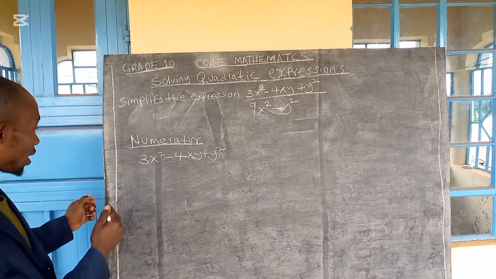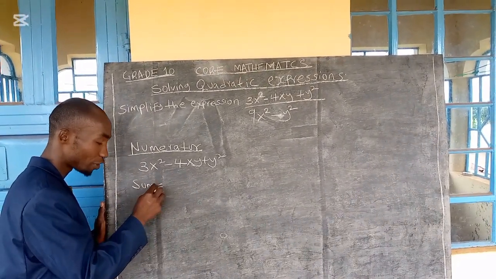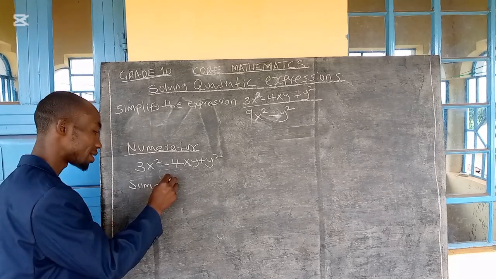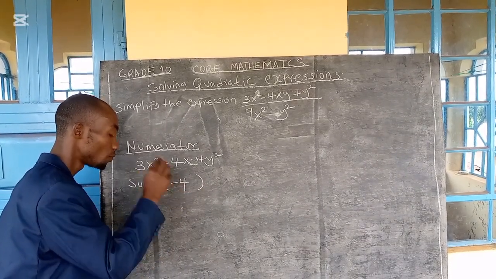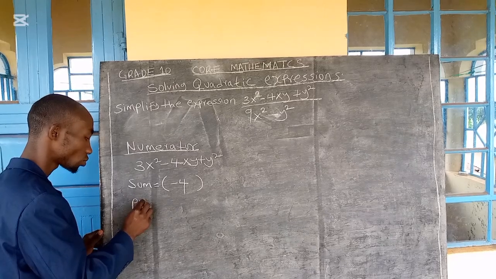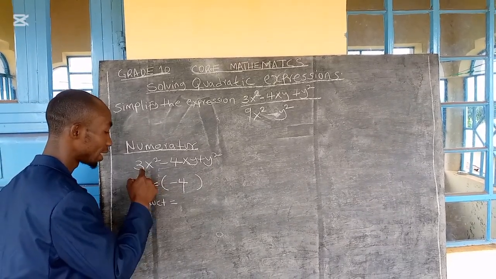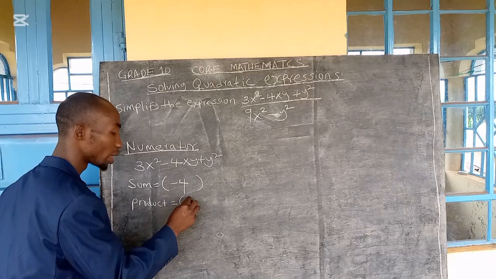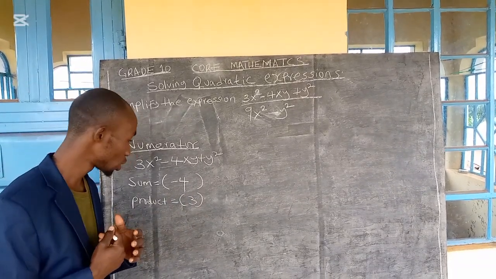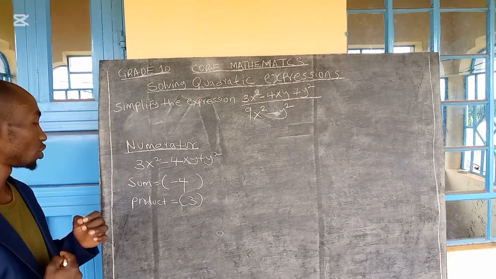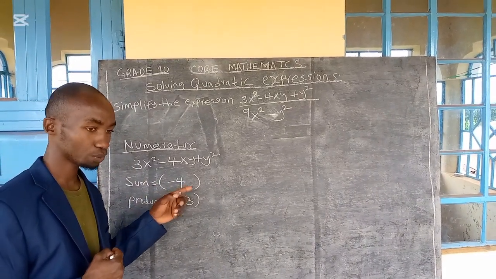The sum of those two factors must be negative 4, and their product is going to be 3 times 1, which is 3. So let us take those two factors of which their sum is equal to negative 4.